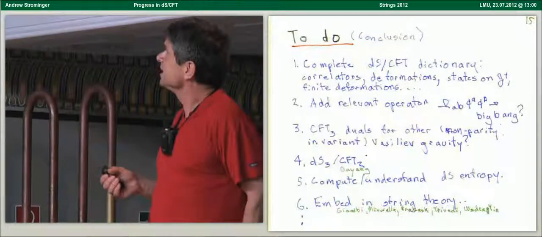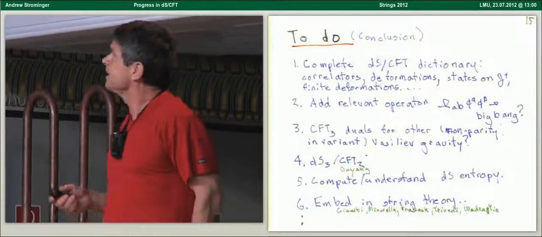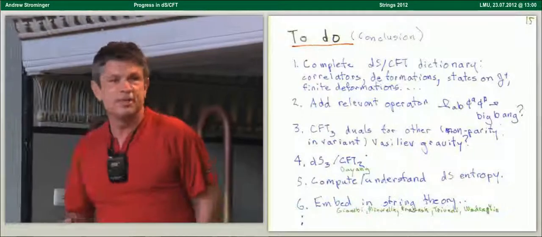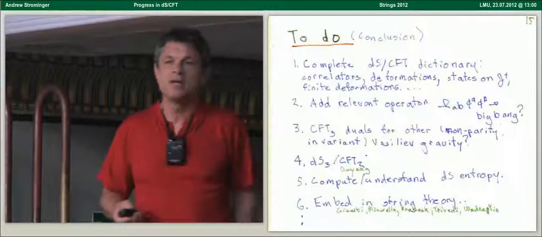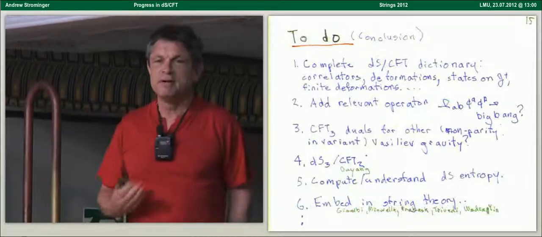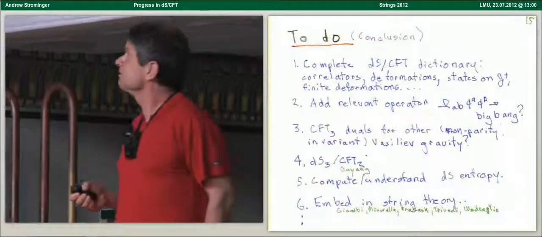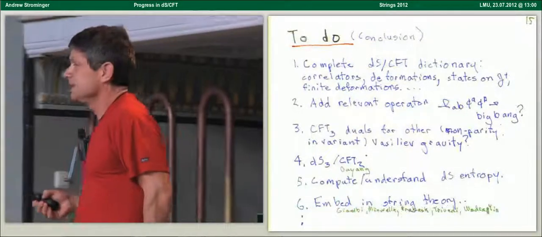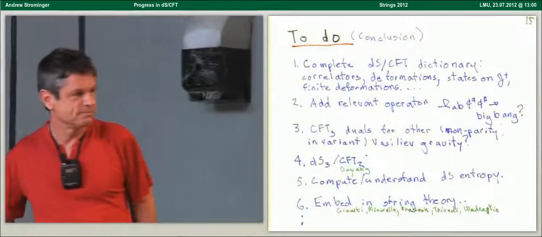We'd like to understand the de Sitter entropy. And maybe we can even embed it in string theory. Recently there's been a lot of progress in understanding how the Lorentzian versions arise in some limit of ABJ theories, and maybe some modification of that will lead us to a de Sitter embedding in string theory. I'll stop there.